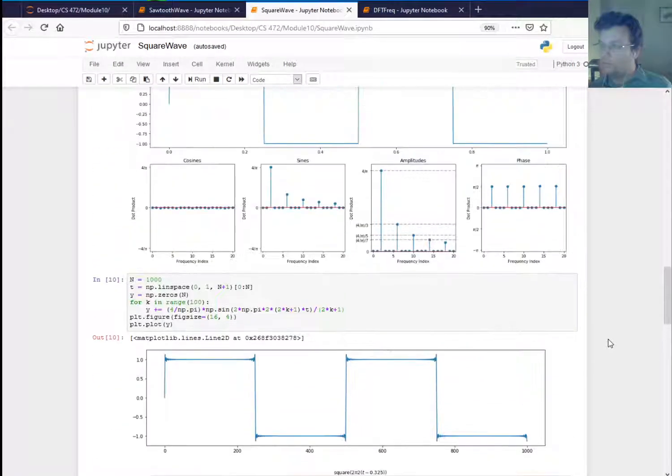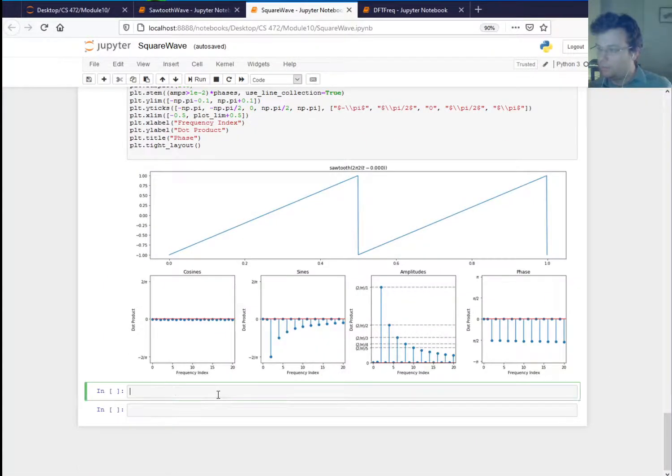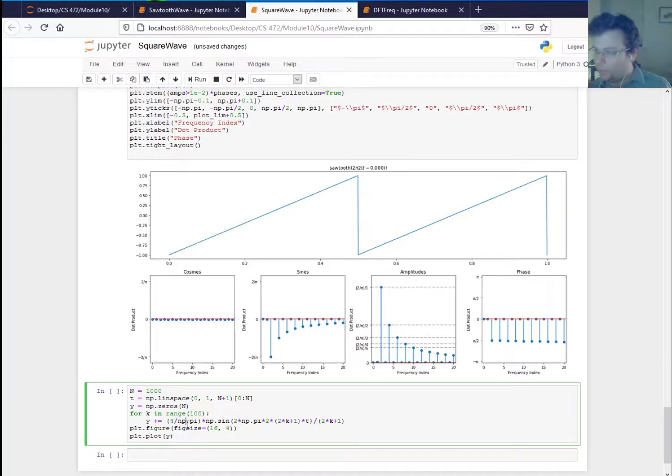So I can start with code that was similar to what I did before, but this time it's actually a little simpler, because I find that the factor in front is 2 over pi now. And I can just say times k times t over k. And I better start off at 1 so I don't divide by 0.